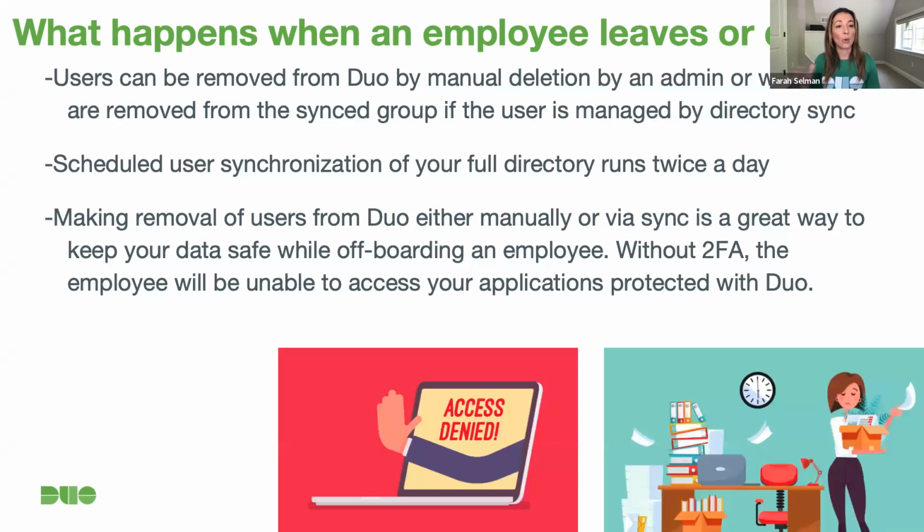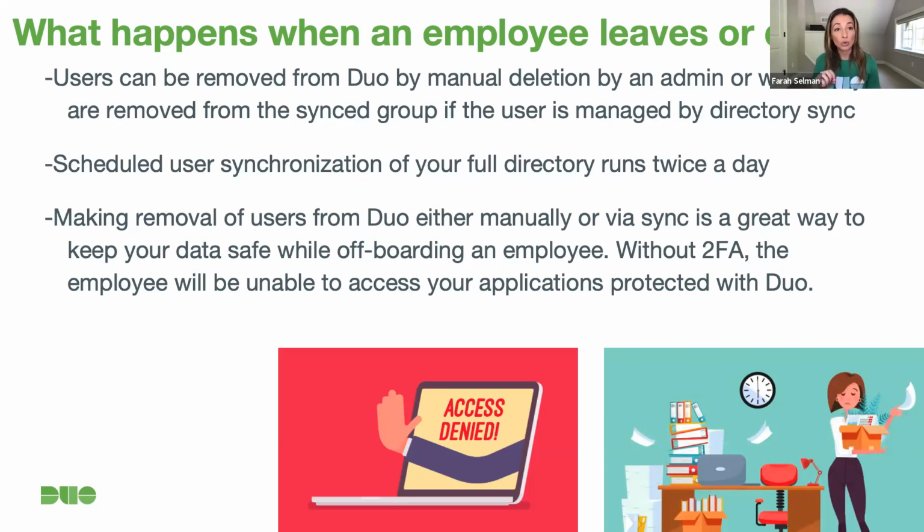So next we'll look at what happens when an employee leaves or quits. Users can be removed from Duo manually by an admin or automatically when they're removed from the synced group if the user is managed by directory sync like Azure or AD for Duo. A full directory sync will run twice a day.